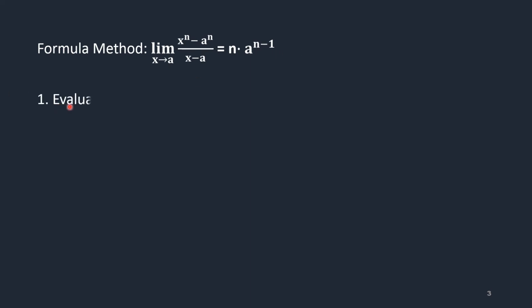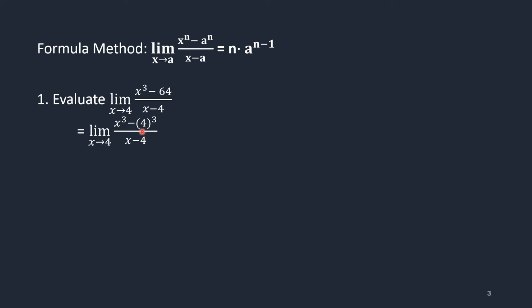Let us evaluate the limit of x cubed minus 64 over x minus 4 as x approaches 4. We can write the limit as limit of x cubed minus 4 cubed over x minus 4 as x approaches 4.